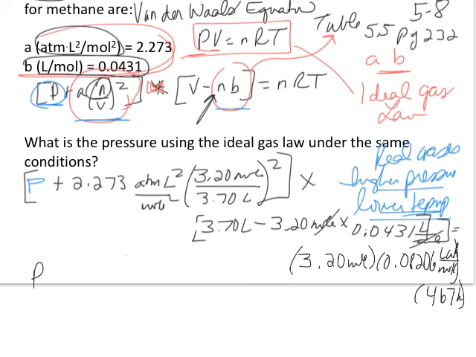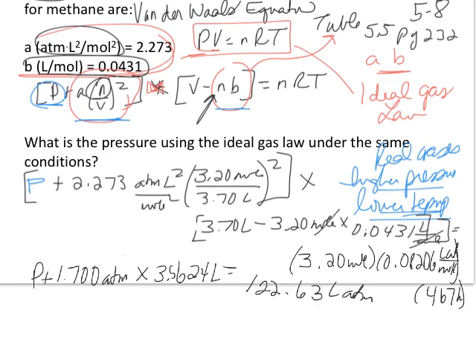You should get pressure plus 1.700 atmospheres times 3.5624 liters equals 122.63 liters atmospheres.